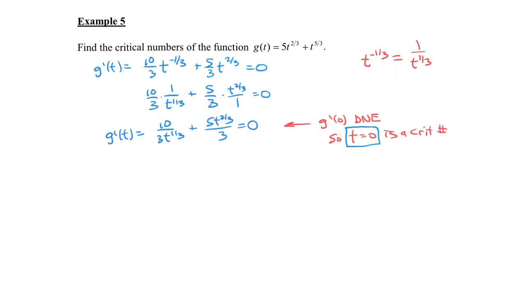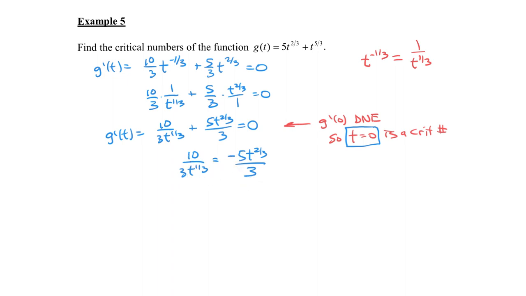So that way we would have 10 over 3t to the 1/3 equals negative 5t to the 2/3 over 3. Right, just subtracting this from each side. But the nice thing from here is if we've got a fraction equal to a fraction, that means we've got a proportion. And with a proportion, the cross products are always equal.